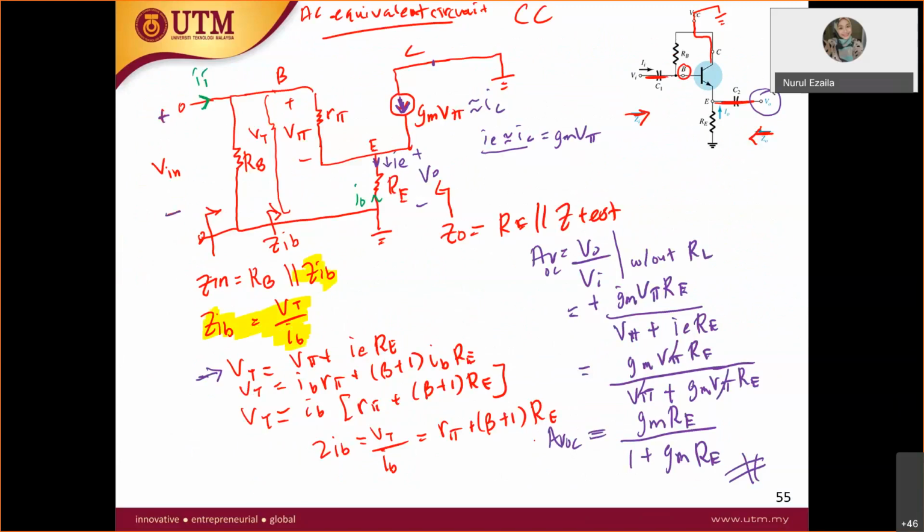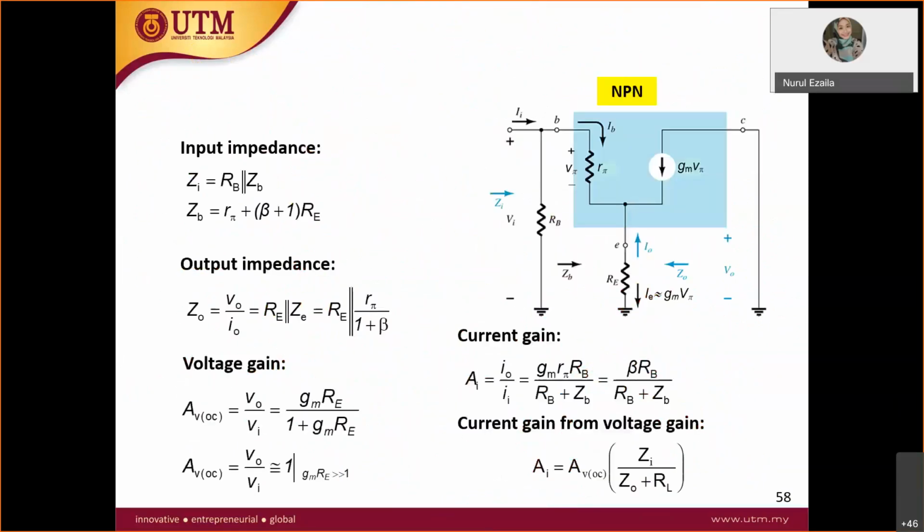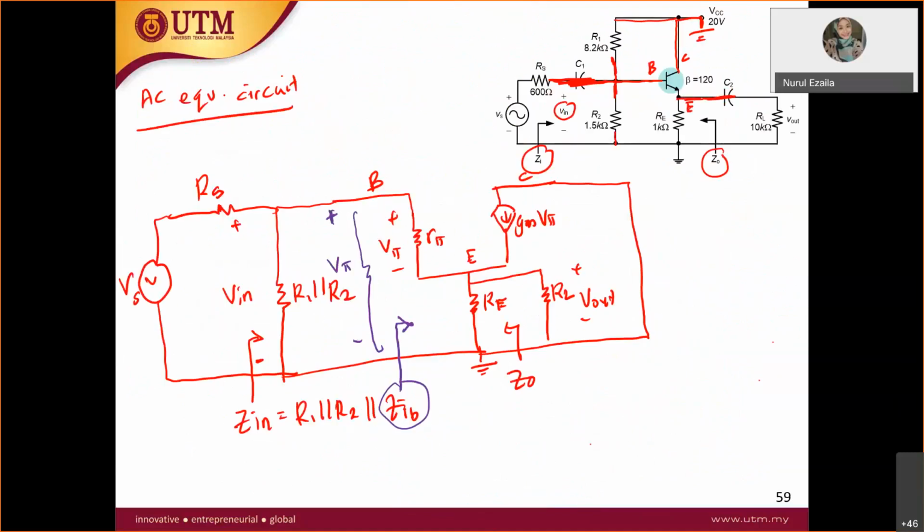Exactly the same thing. So Z in B, after the derivation, is actually R pi.